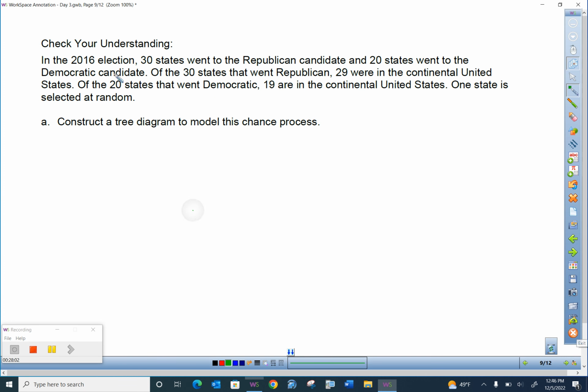I'll help you with the basis of it. Okay, we're starting out with an election here. It says 30 states went to the Republican candidate and 20 states went to the Democratic candidate in the 2016 election.